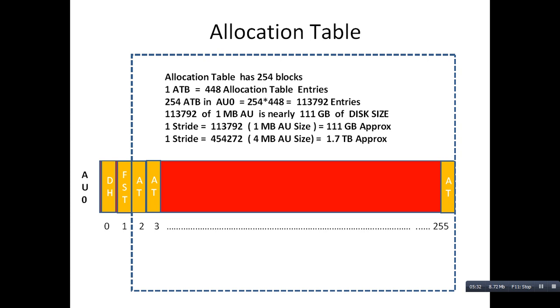That means one allocation table can contain information for 454,272 allocation units. A stride size is defined as the number of entries that can be accommodated in one allocation table.